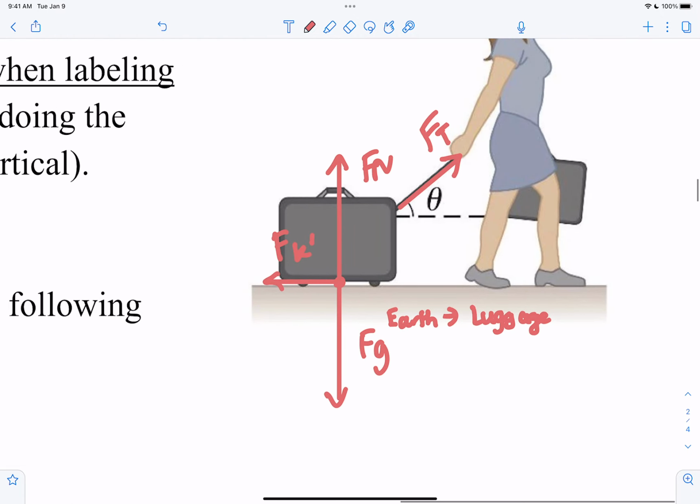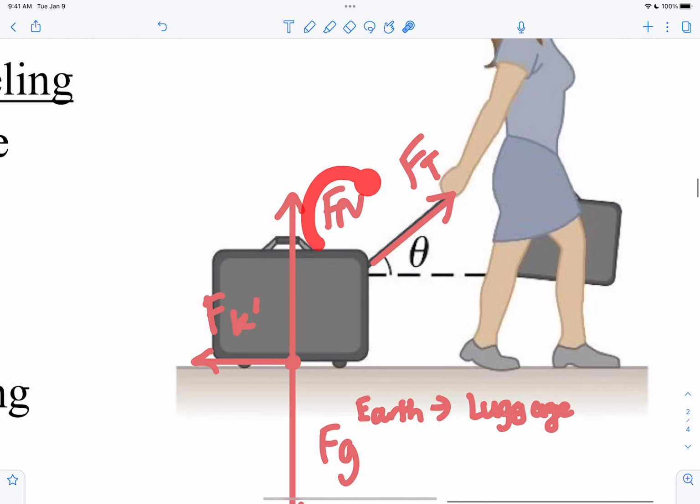Now, for normal force, what's acting on what to exert that normal force upwards? Always think about these superscripts as some agent acting on the object. If we know the object is luggage, it's always going to be something acting on luggage.